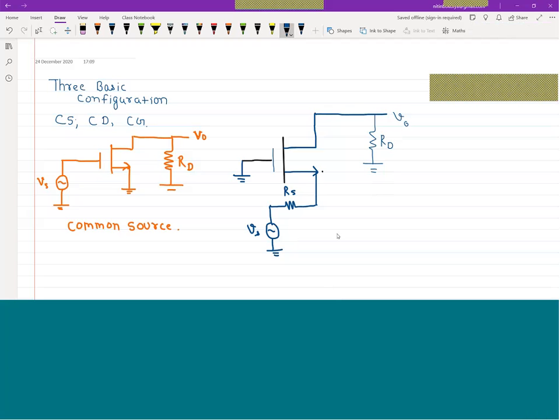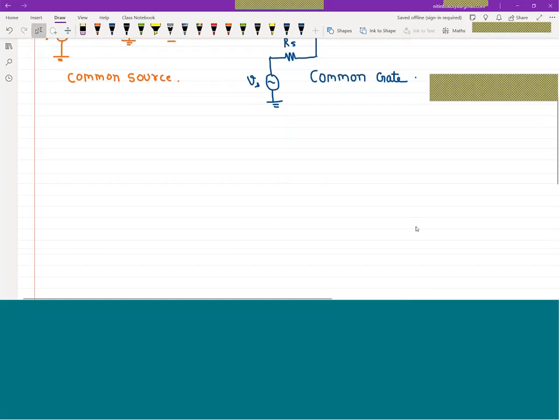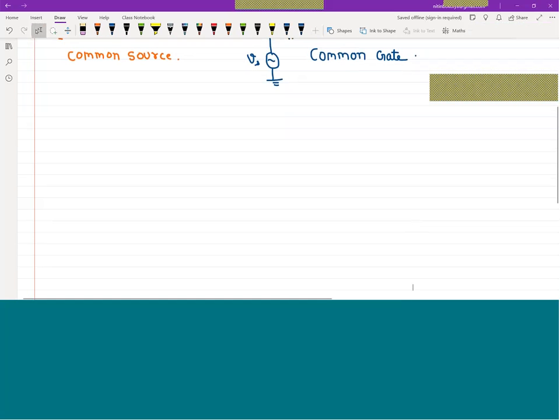So this arrangement is known as common gate arrangement. The next arrangement we have in the small signal analysis is the common drain arrangement, the third arrangement.